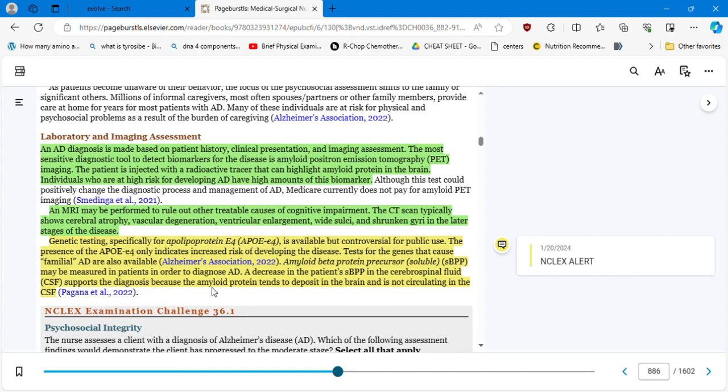Also, the amyloid beta protein precursor may be measured in patients in order to diagnose AD. A decrease in the patient's amyloid beta protein precursor in the cerebrospinal fluid supports the diagnosis because this protein tends to deposit in the brain and is not circulating in the cerebrospinal fluid, right?